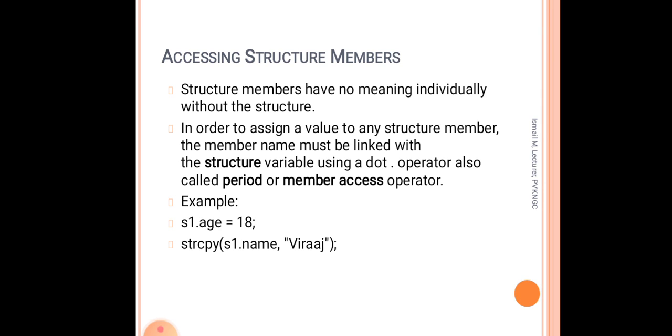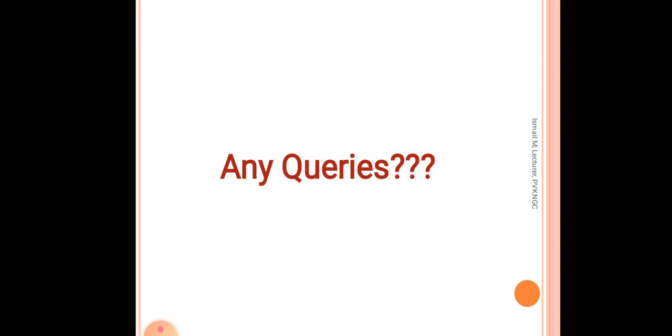And then strcpy(s1.name, "Viraj"). So here we are copying the name Viraj to s1.name. So this is how we define structures, we declare structure variables, and we access structure members using structure variables.